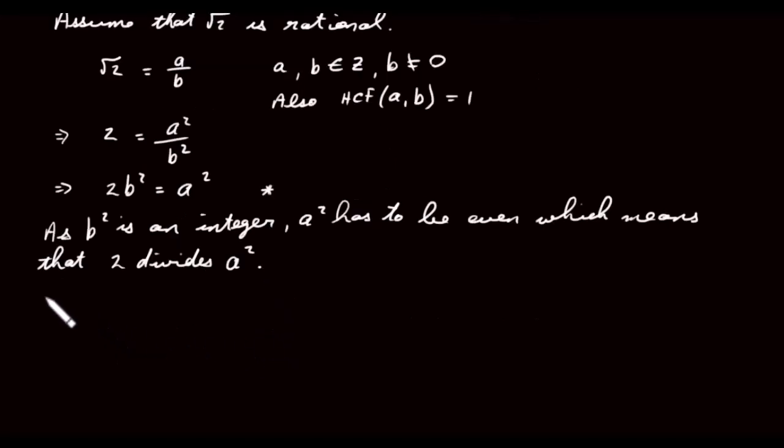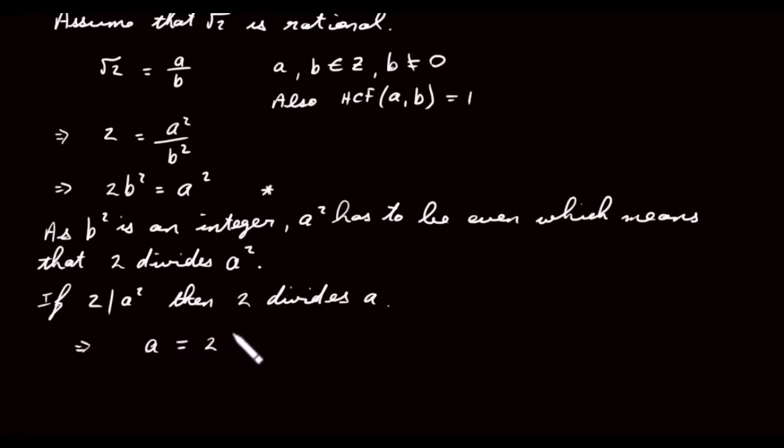If 2 divides a squared, then 2 divides a. Now that means a is equal to twice some other integer, we'll call it k. So k is an integer as well. So if 2 divides into a, then a is twice some integer, and we're calling that k.